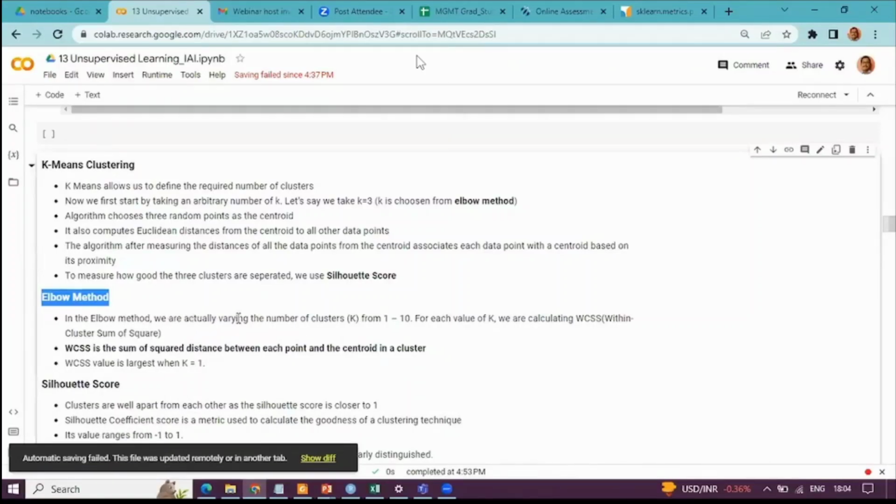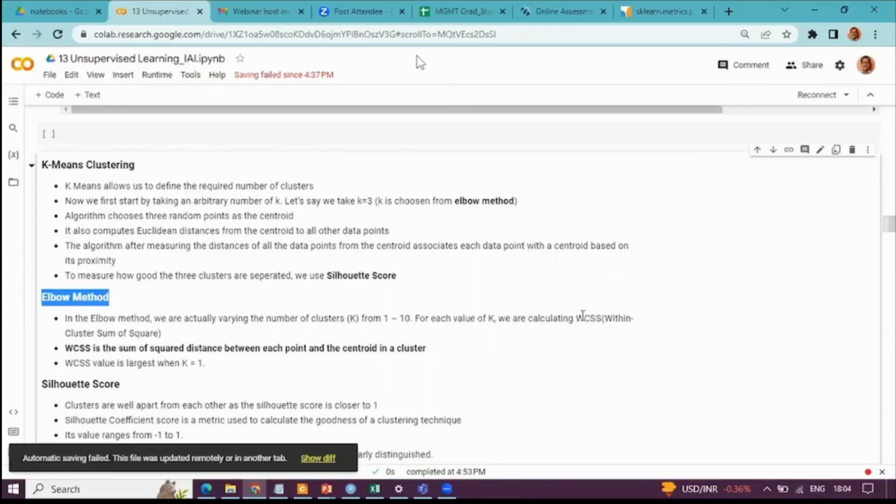We will vary the number of clusters from 1 to the square root of the number of observations, typically. We will calculate the within cluster sum of squares for each cluster. We add up all that within cluster sum of squares, which is what we typically call inertia in this language.